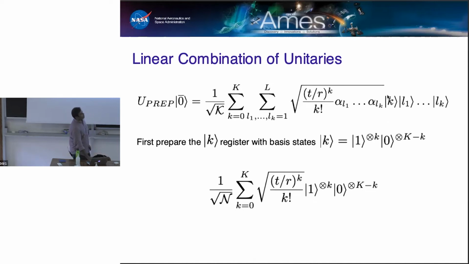But first, let's deal with how we can prepare the K part of the register. We're going to use two different types of encodings for the L registers and the K registers. The K registers are going to be encoded using a unary encoding, where the first k qubits are in the 1 state, and the remaining capital K minus k qubits are in the 0 state.